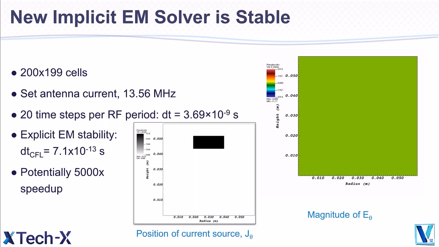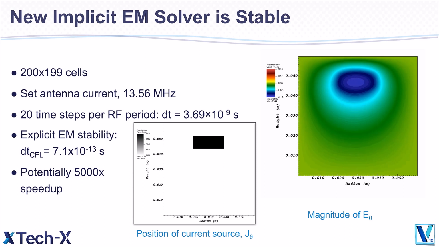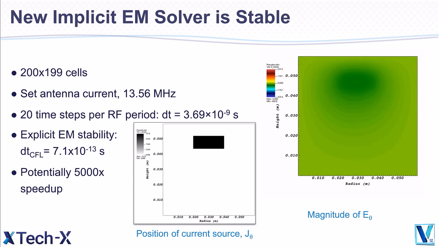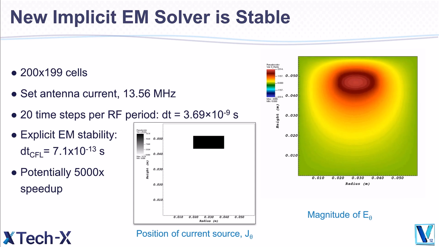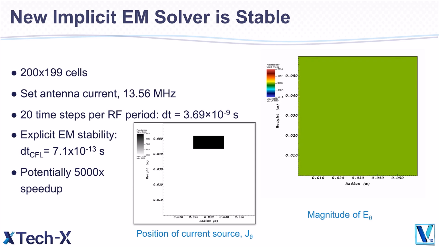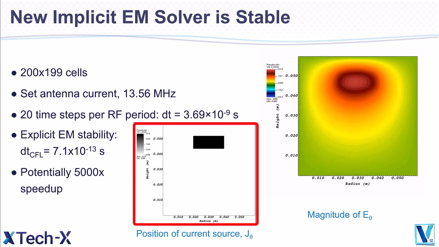This slide shows our new implicit EM solver in a vacuum for 200 by 199 cells at 13.56 megahertz. Here we're just taking 20 time steps per RF period, and we're showing a movie of what the electric field looks like.